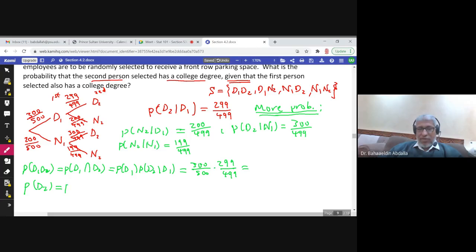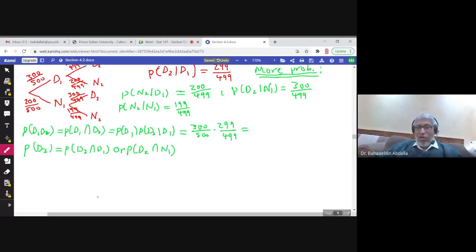In fact, you say the probability of D2 given the intersection D1, where the first one has also a college degree, or the probability of D2 and N1. So the first employee could have a college degree or not. So this is or, union. These two are mutually exclusive because either the first employee has a college degree or not.